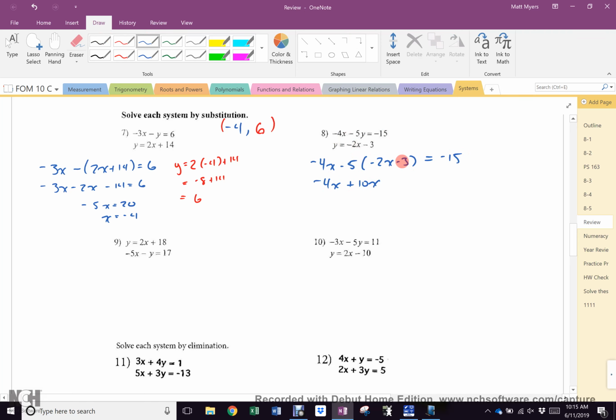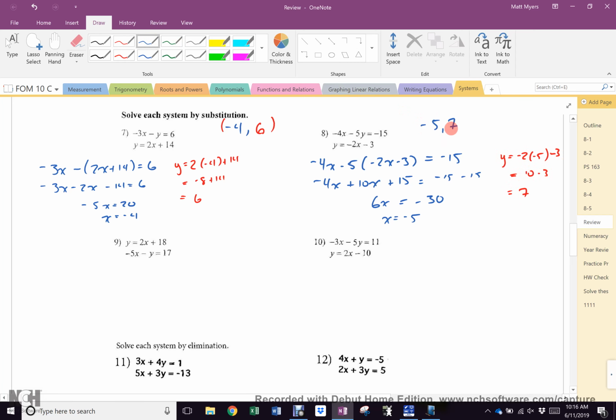Minus 5 times minus 3 is positive 15. 6x, not negative 6x. 6x equals negative 15 comes over here, minus 15, negative 30. X equals negative 5. Then y equals negative 2 times negative 5 minus 3, which is 10 minus 3, which is 7.